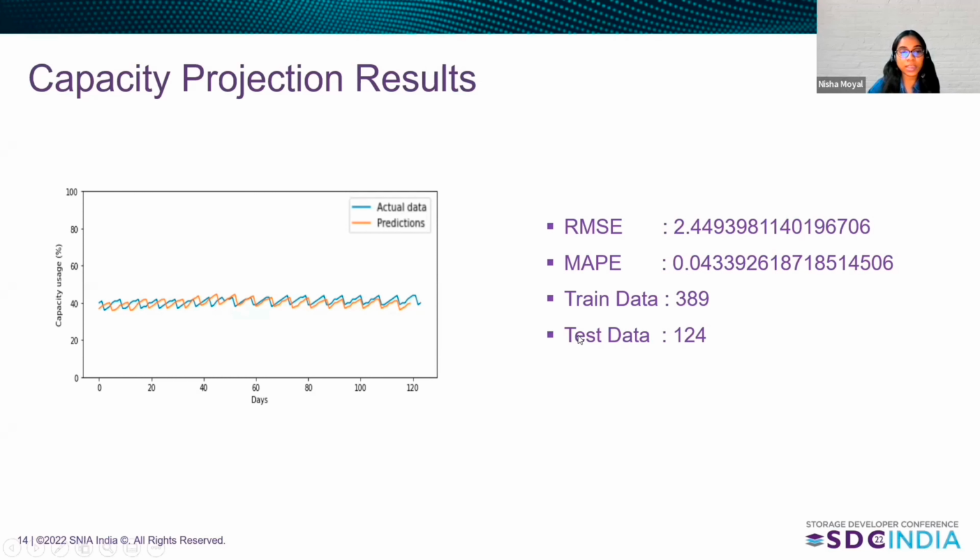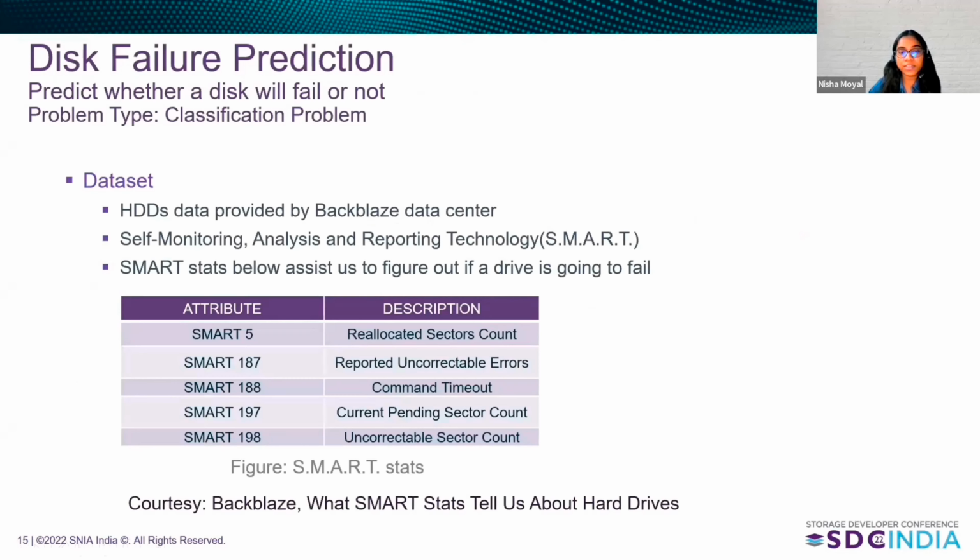On the left side, we have plotted our results, where the orange line is for predictions and the blue one represents actual data. You can see the predictions are promising, so we can leverage this to predict capacity projection in advance in our storage system.